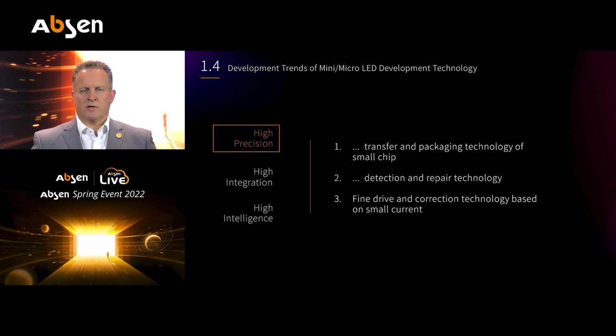Then we speak about the fine drive and correction technology based on small current. Just remember, I've spoken about common cathode technology and flip chip. Both of them are suitable technologies to lower the power consumption and, by the way, also lower heat dissipation, where we can reach more efficiency and higher brightness.